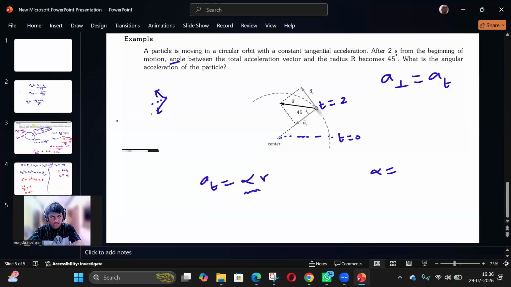The perpendicular acceleration is v square by r, which is same as omega square r, and tangential acceleration is alpha into r. So alpha is omega square.